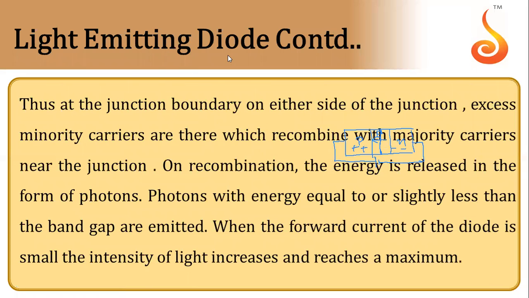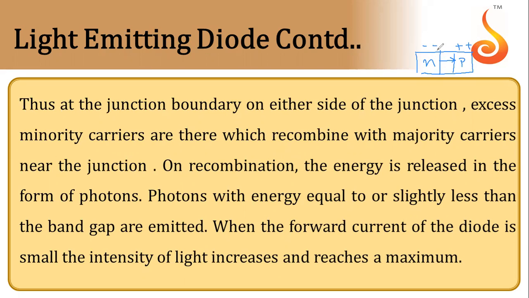So at the junction boundary on each side of the junction, excess minority charge carriers are there, and these minority charge carriers will combine with majority charge carriers. So along the junction, let's say here excess electrons were there, and excess holes were there.